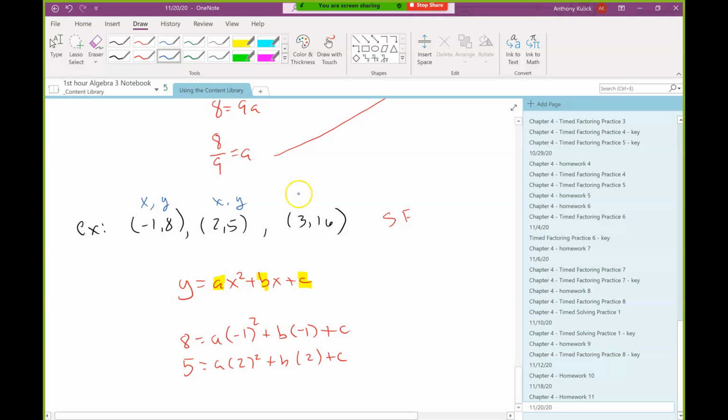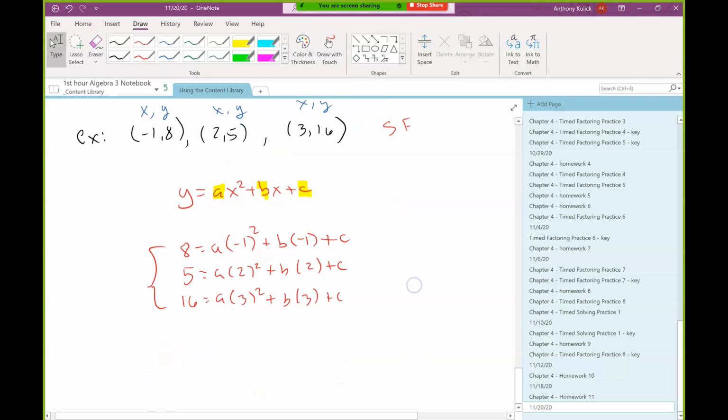And I have a third xy here, so I'll plug those in. And that's going to form a three-variable system, just like we had in the previous chapter.